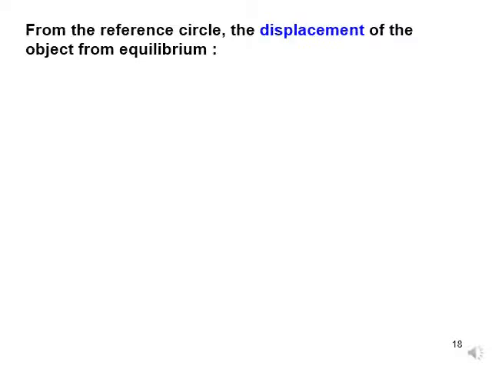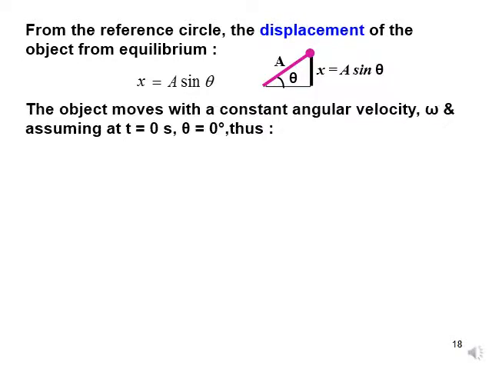As you can see, the object moved from equilibrium position to displacement x. From the reference circle, there is a triangle. From the trigonometry equation, the displacement x is equal to A sin theta, where theta is equal to omega t.